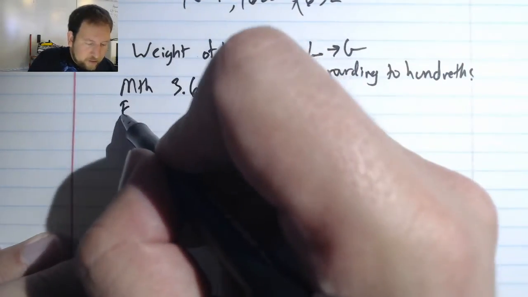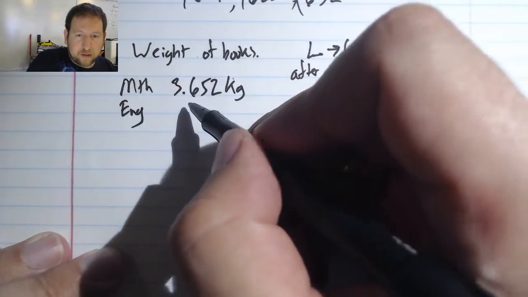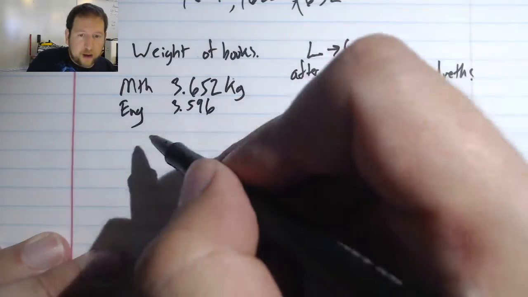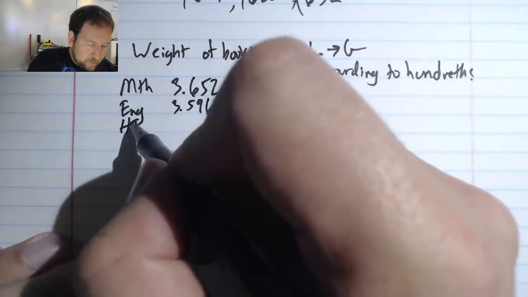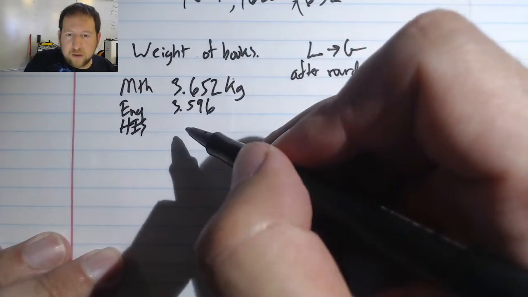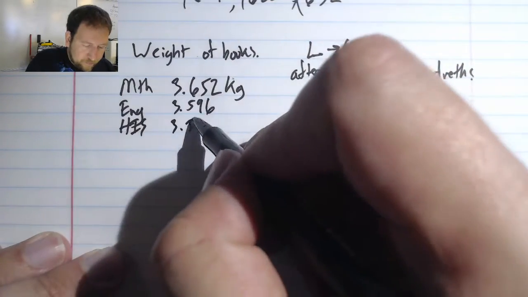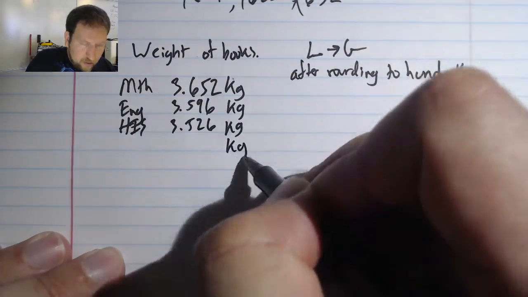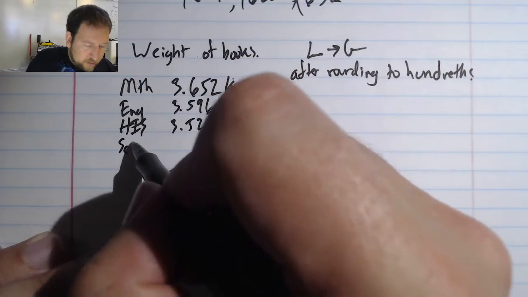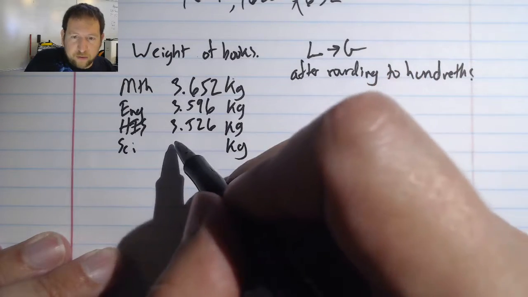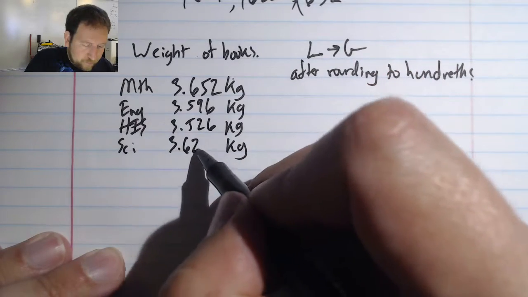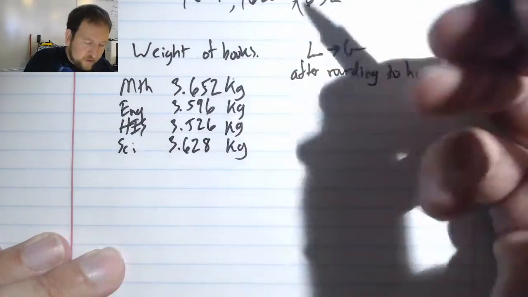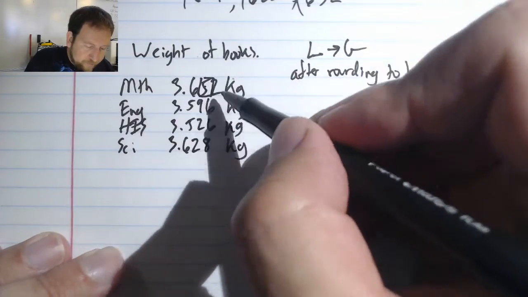We have our English, which is 3.596. We have our history, which is 3.526 kilograms again. And lastly, we have our science book, and this is 3.628. And we're going to the nearest hundredth, which means tenths, hundredths. We're going to do this middle number here.